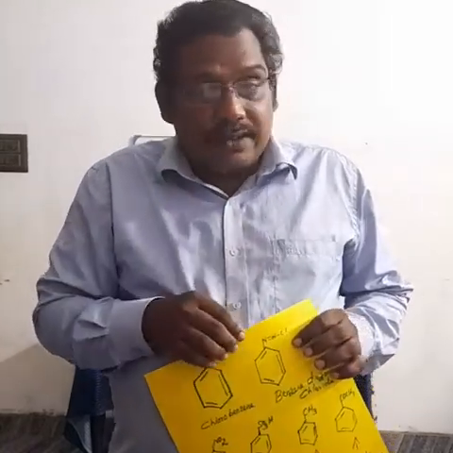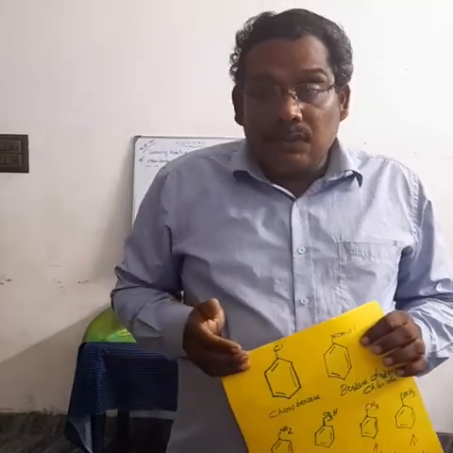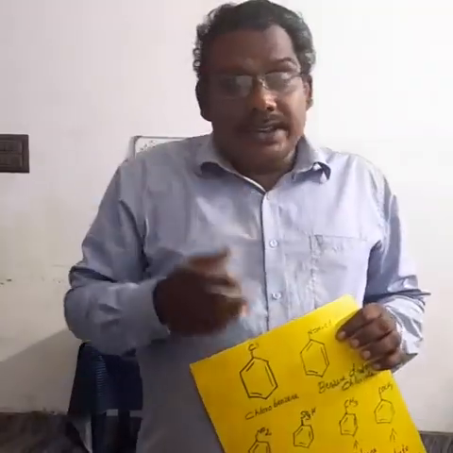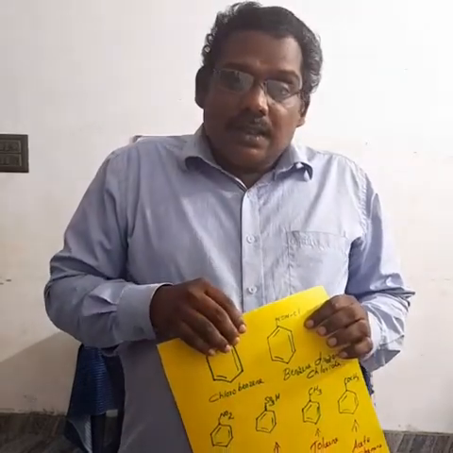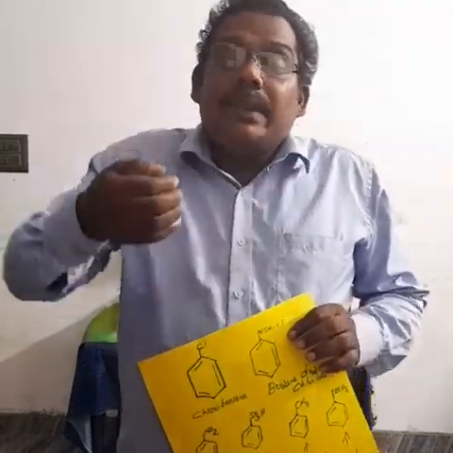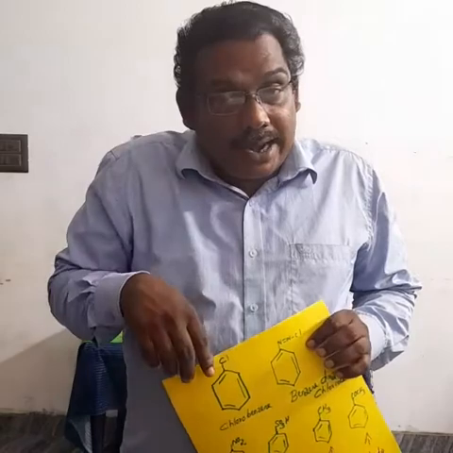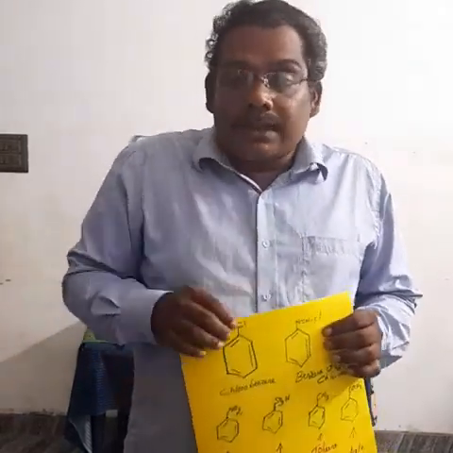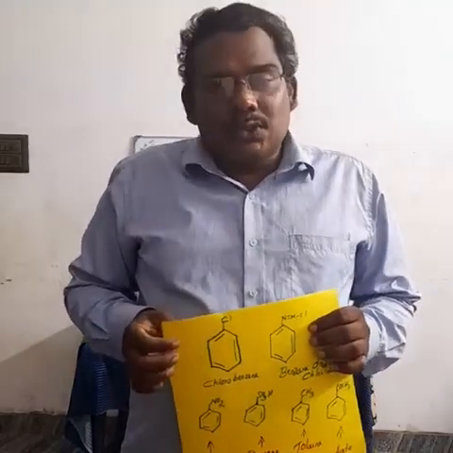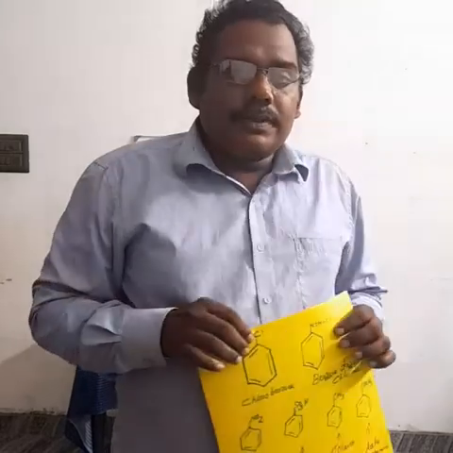Many reactions have nitration, sulfonation, halogenation, acetylation, etc. So repeat, I will ask the question: nitric acid can be written as HONO2. What is the formula for nitric acid? HNO3, written as HONO2. So we get nitrobenzene. I will explain the reaction.